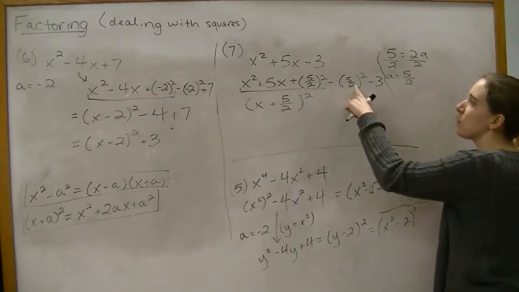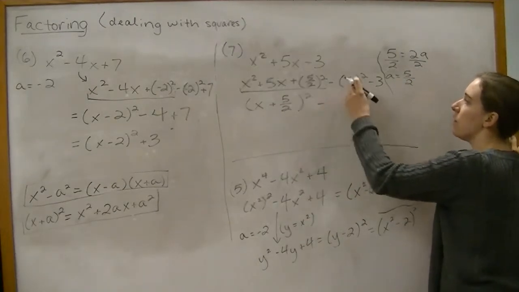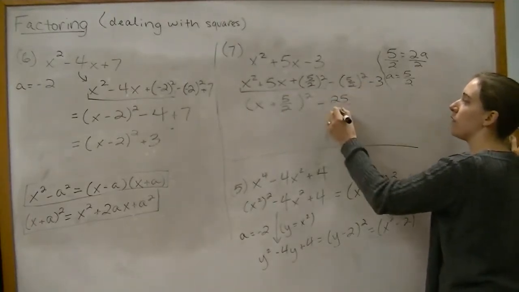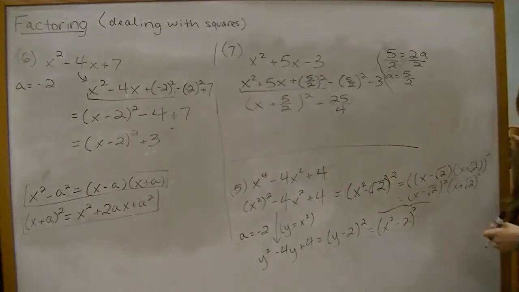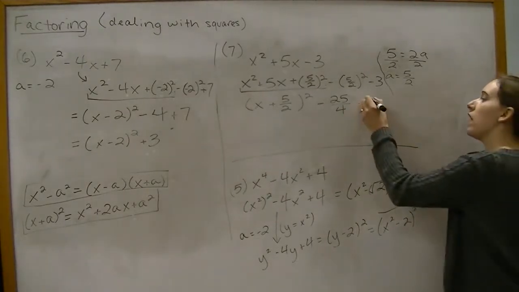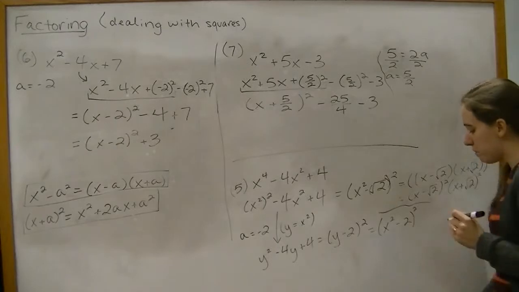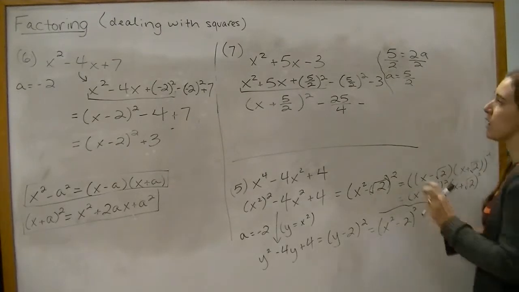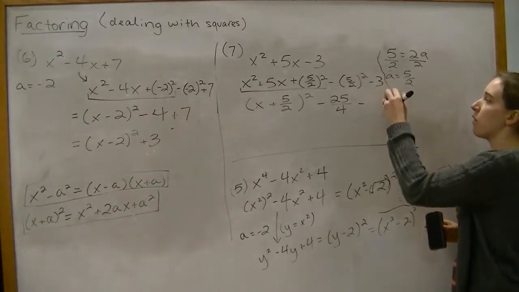And then I need to square this 5 halves. So 5 squared is 25, 2 squared is 4. So I square the top, square the bottom. And then I have a minus 3. But I actually want to multiply this by 4 over 4.